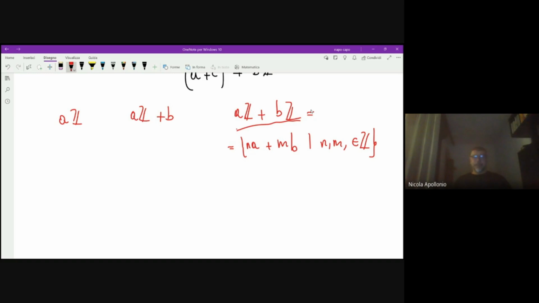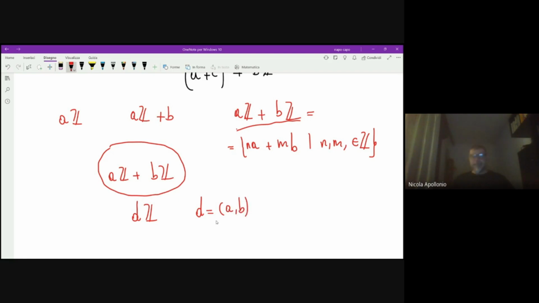It is the set of linear integer combinations of A and B. And so we already know, and it's easy to see that this set, so let me put to you this question, which is the relation between this set and this set, where D is gcd(A, B), namely the greatest common divisor of A and B.